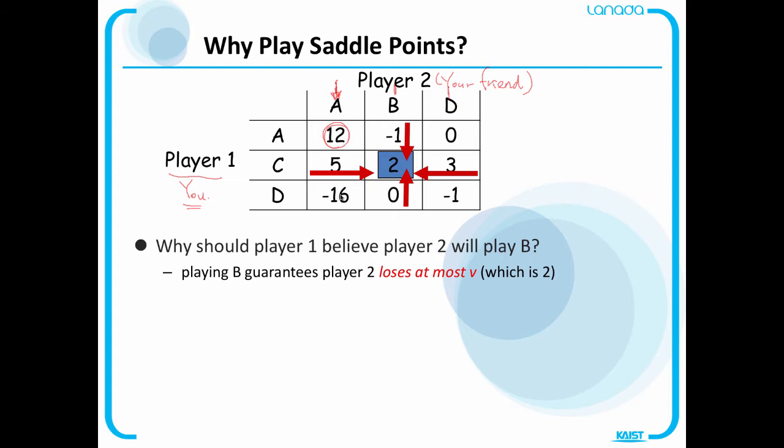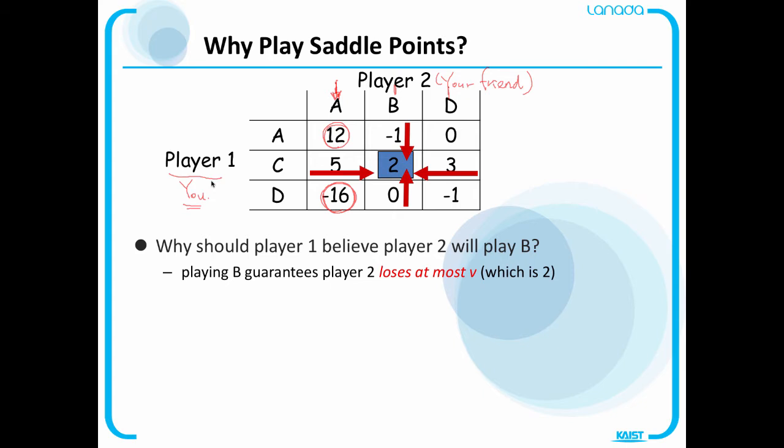Of course, it's possible that your friend can get a very nice payoff, minus 16, but that is based on the assumption that player 1 will play D, and player 2 does not know what strategy player 1 will choose.